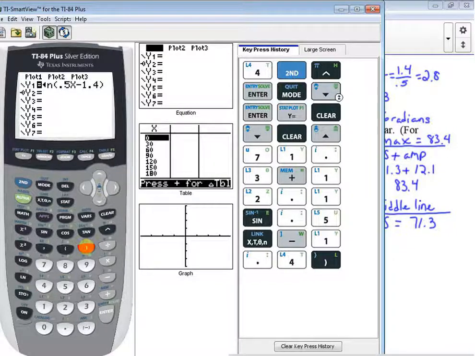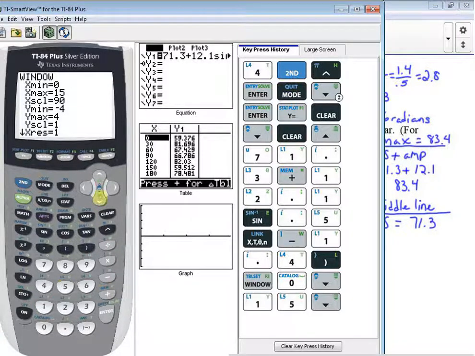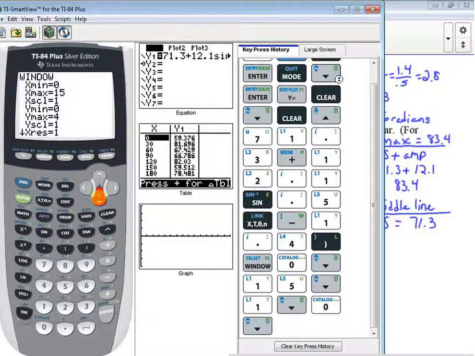I'm going to go to my window, and the x min I'm going to make 0, and the x max I need to go to 11, but I'm going to take a look at it from 0 to 15. My x scale is going to go by 1s. My y min, I'm going to start at 0. And my y max, I need to know what that maximum point was, and it was 83.4.